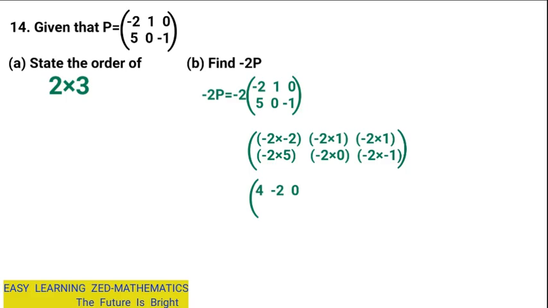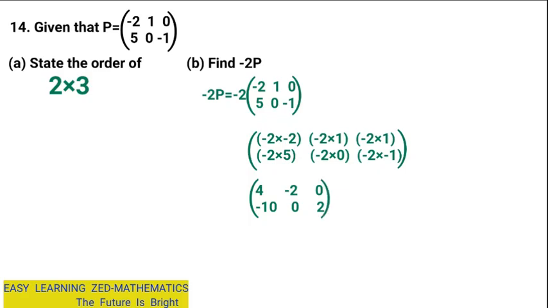Now on the first row I've finished multiplying those 3 expressions. Now I come down, -2 by 5 will give me -10, then -2 by 0 will give me 0, then -2 by -1 will give me +2, and that is the final matrix.